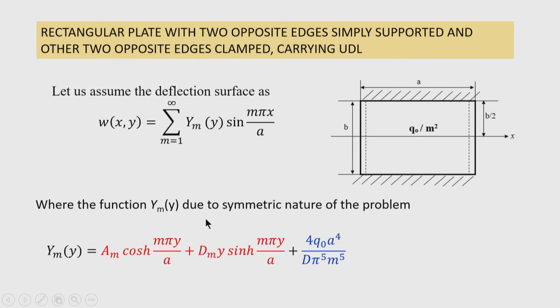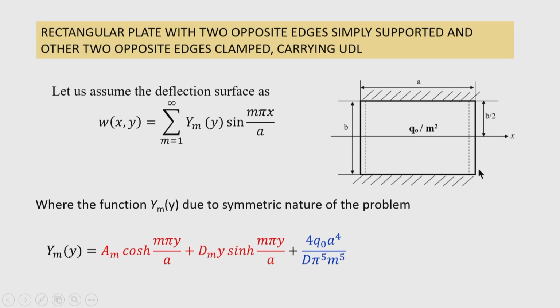Now, our requirement is that the boundary conditions have to be satisfied. On the boundary, that is y is equal to plus or minus b by 2. You see, the x axis is passing through the edges parallel to the y axis. So, y is equal to plus b by 2 or y is equal to minus b by 2.